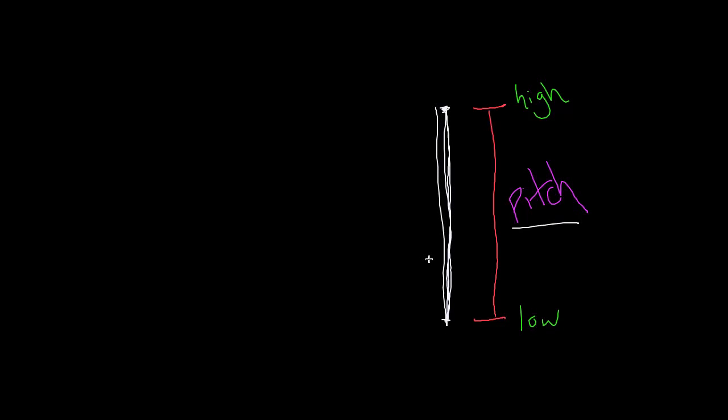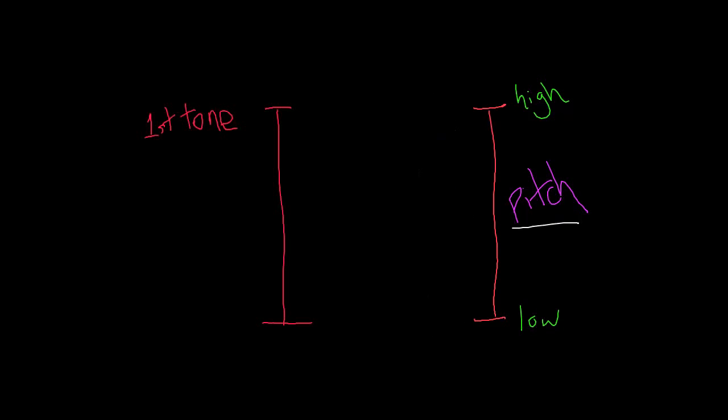Does that make sense? So that's pretty much how tones work. We're working with this pitch, and tones are all about this pitch. So depending on what we say or what the tone is, the pitch is going to change. Our first tone is at the top of our register.